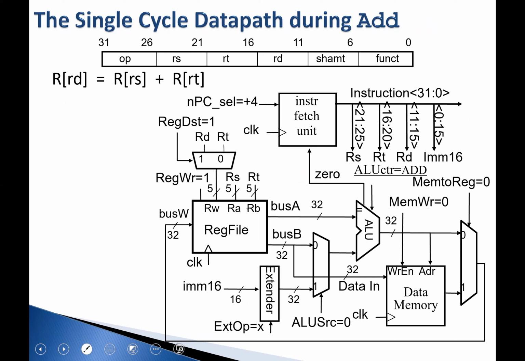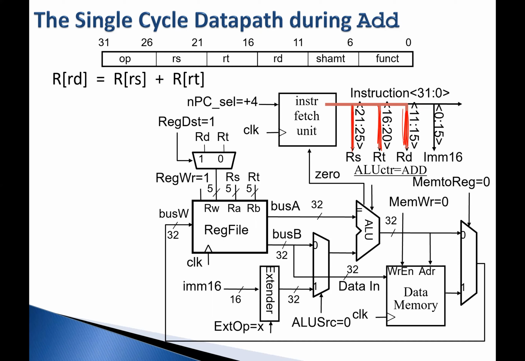And then now the real data path. What does the decoding stage do? Decoding stage will understand what it is, right? So what do I need? This is R format. I would need RS, RT, RD as my information, right?